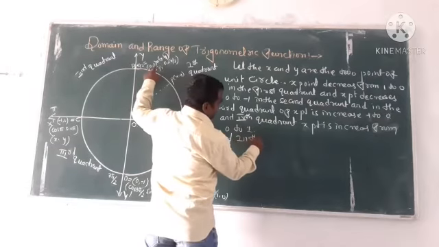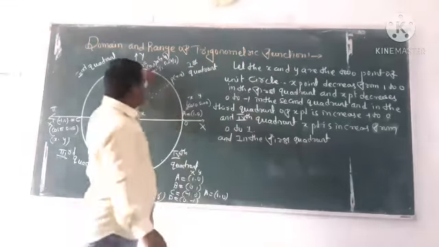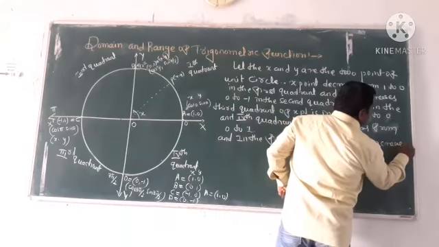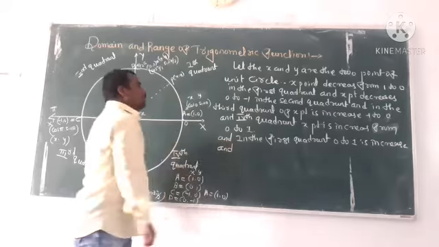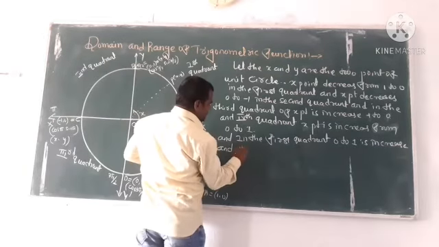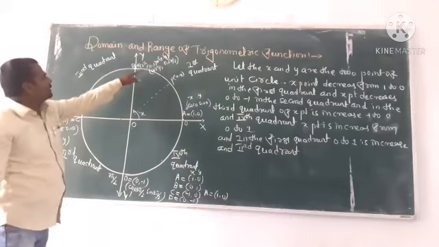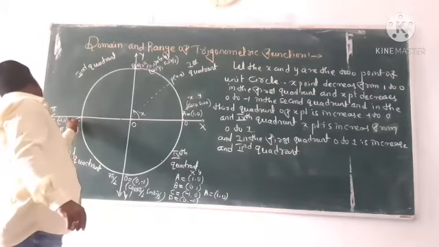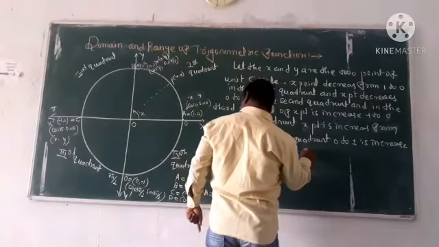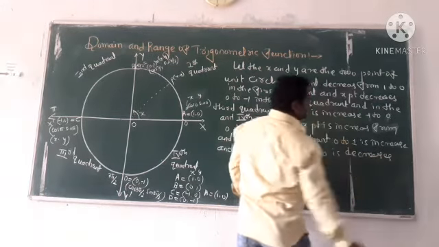In the second quadrant, y goes from 1 to 0, so it decreases, right?